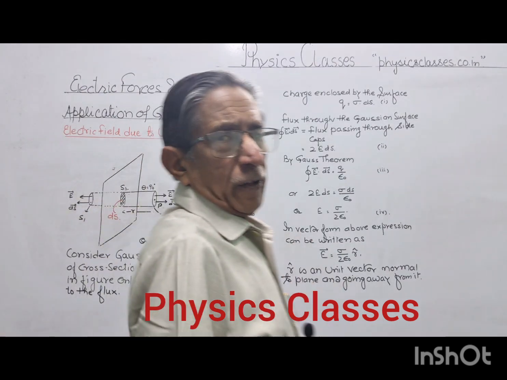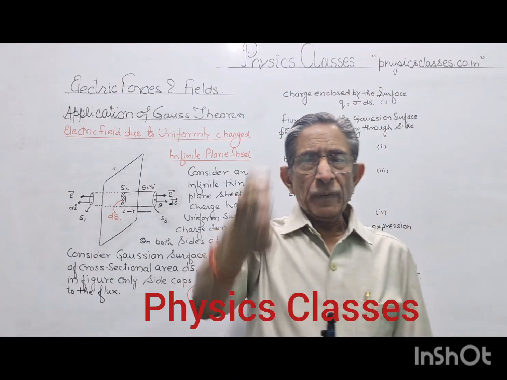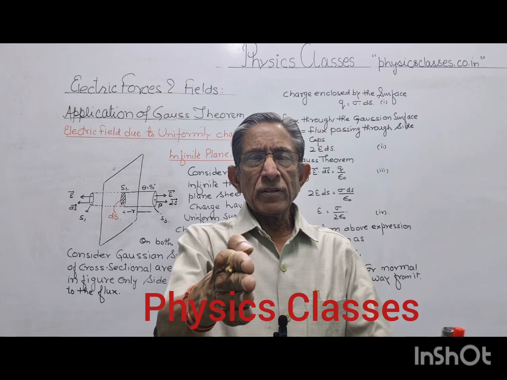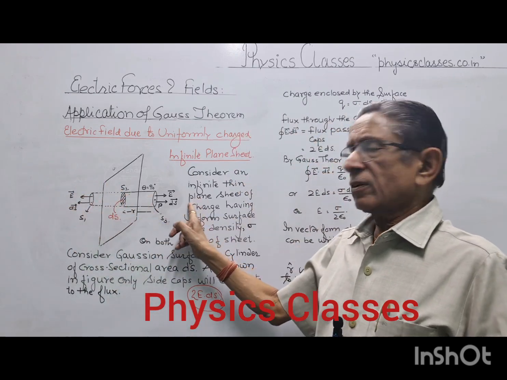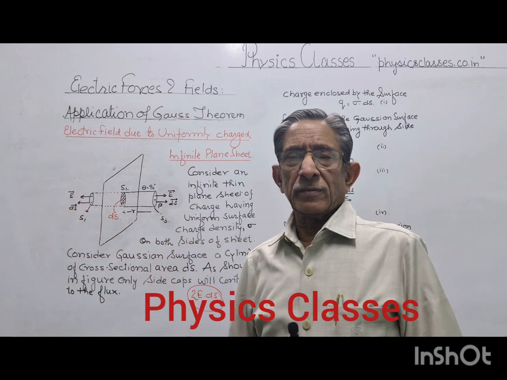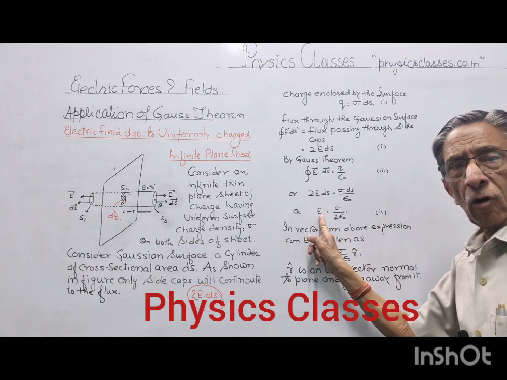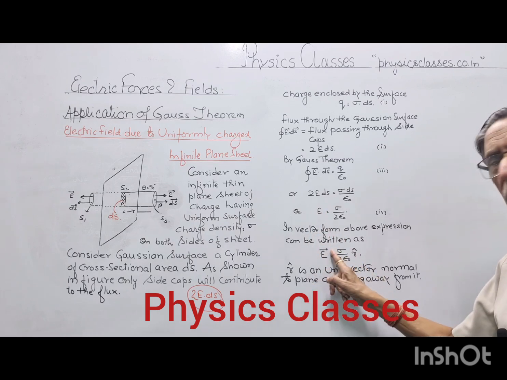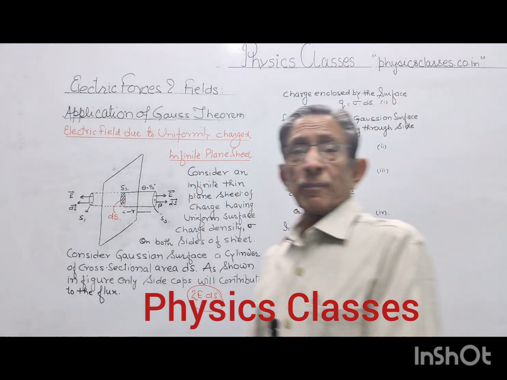Students, electric field is a vector quantity. The sheet is placed in this way. The electric field may be towards its left or may be towards its right, as I have shown. That's why this formula can also be written in vector form. E vector is equal to sigma upon 2 epsilon naught into r cap.